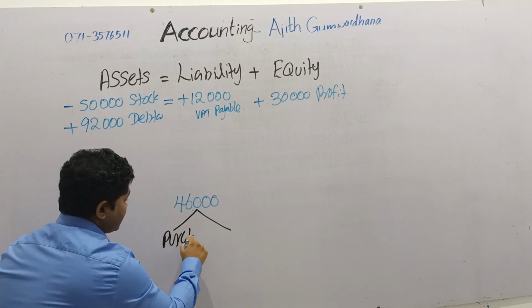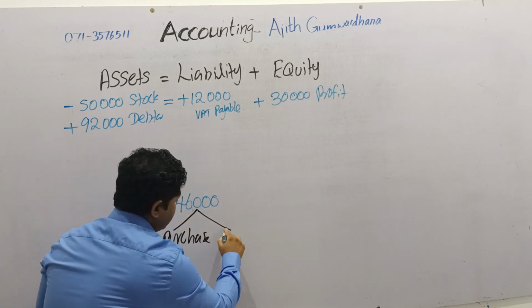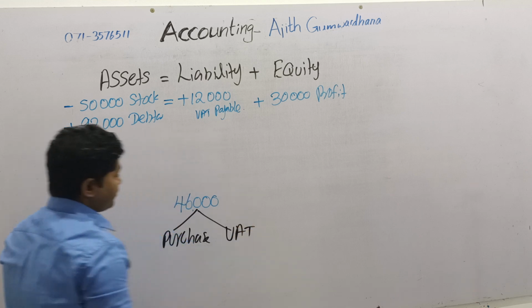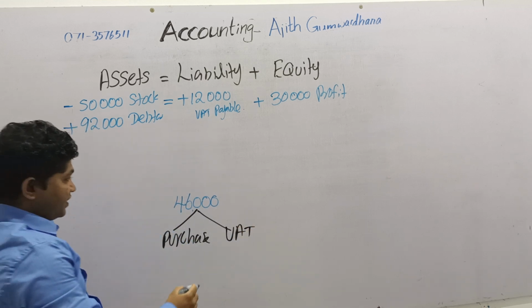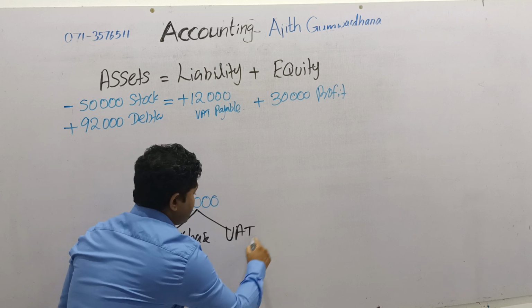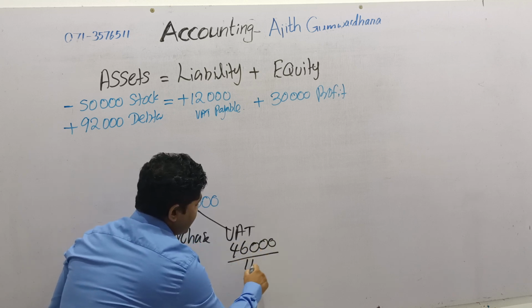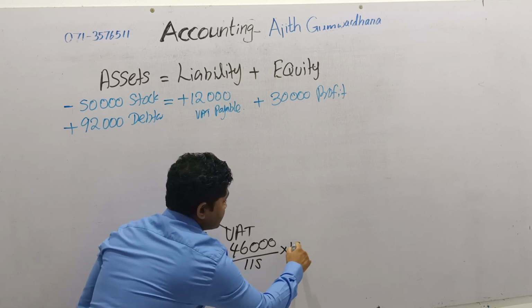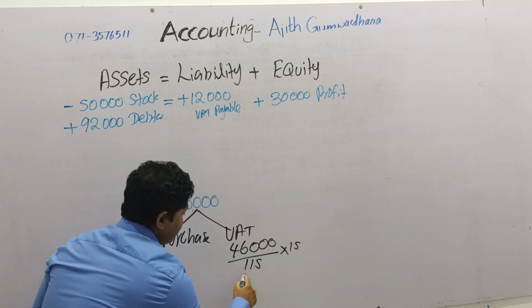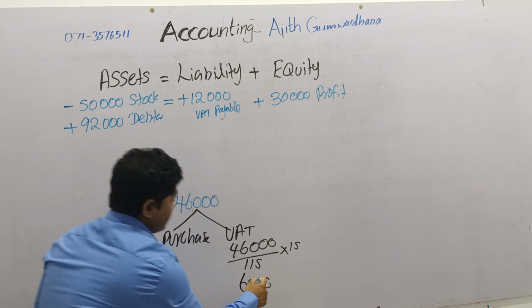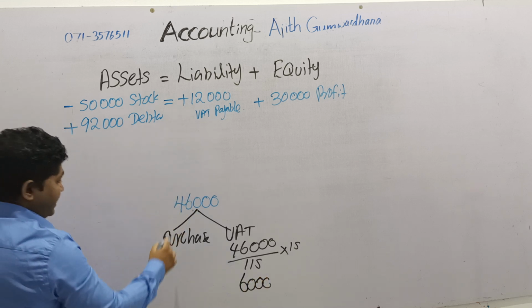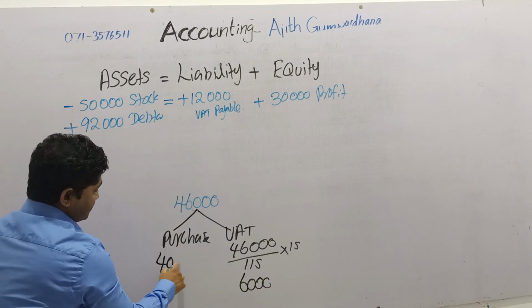Recognize the purchase and VAT separately. The VAT rate is given as 15%. Therefore, the VAT value can be calculated as 46,000 divided by 115 into 15. Here the VAT value equals 6,000. It means the purchase price equals 40,000.